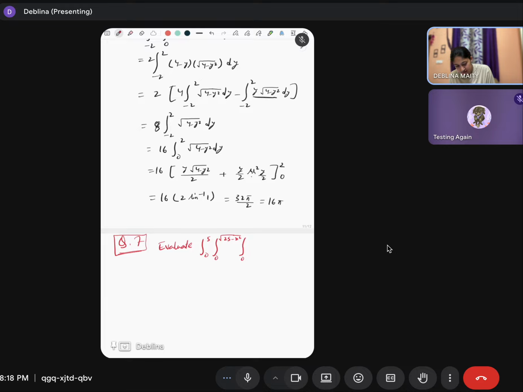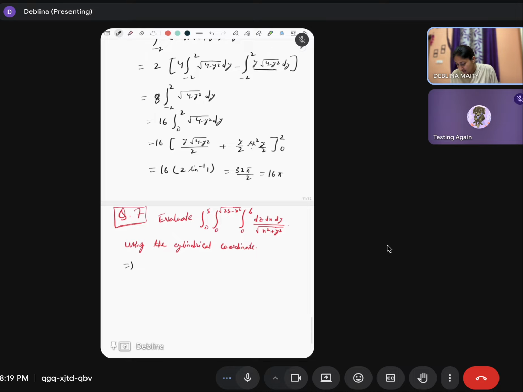Zero to 6. Yes. Using the cylindrical coordinate. We have to find this integral using the cylindrical coordinate. Now what is the cylindrical coordinate? It is the same thing.